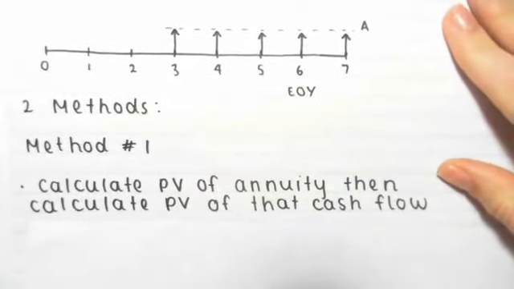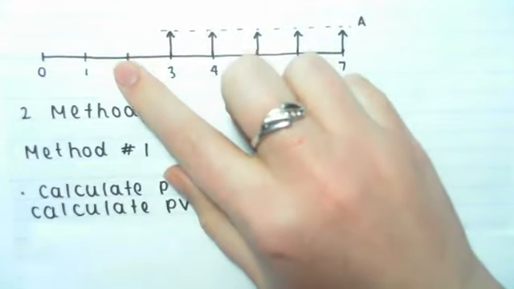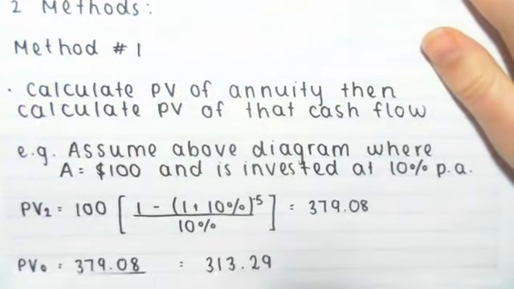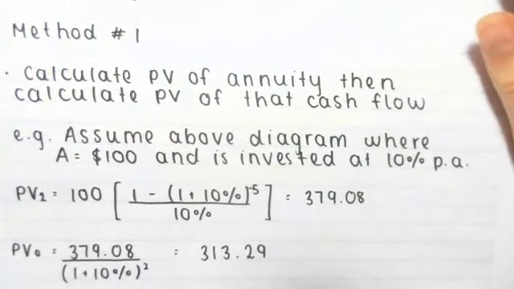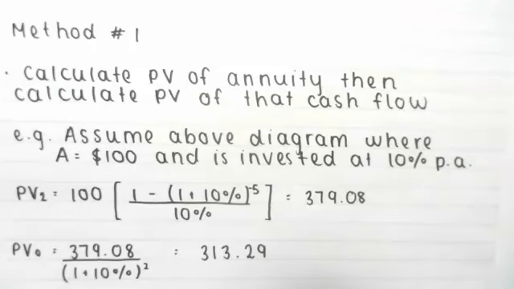But remembering, this is the present value in year 2. So to then calculate it at year 0, it's a simple compound interest problem, and we've got it at $313.29. So that's method 1.